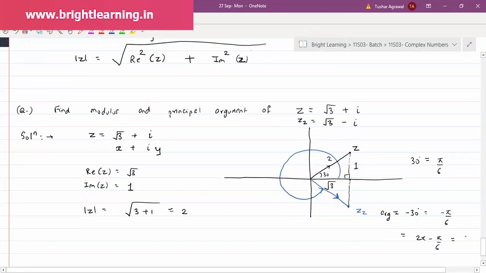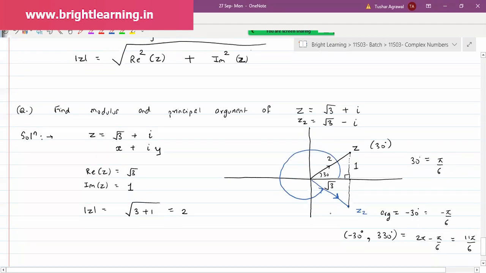So 6 twos are 12 minus 1, 11 pi by 6. So for z1, the argument is very easy, it is 30 degree. For z2, either you say that the argument is minus 30 degree, or you say that the argument is 330 degree, which is 11 pi by 6, one and the same thing.